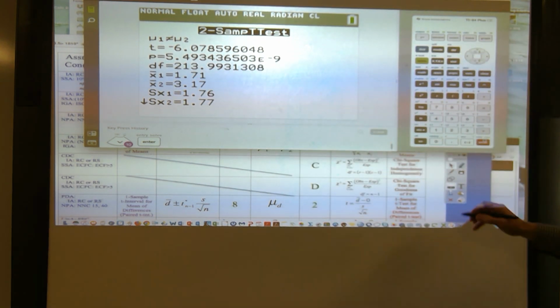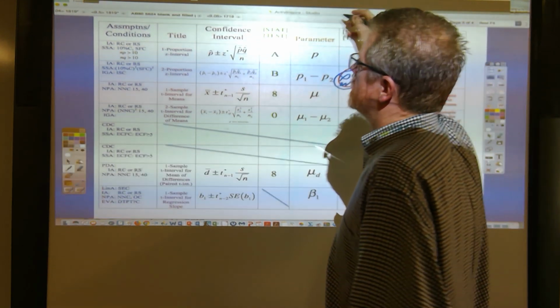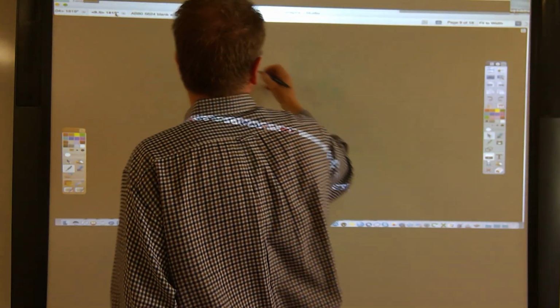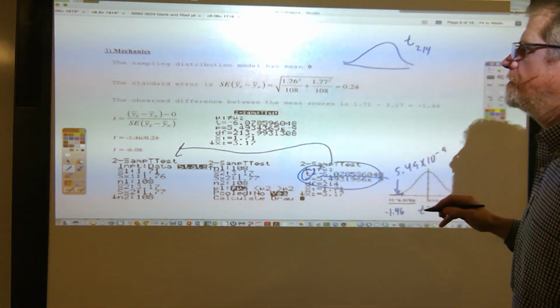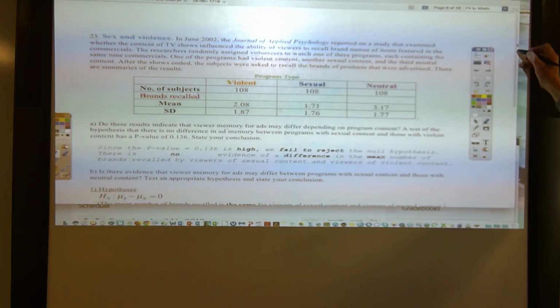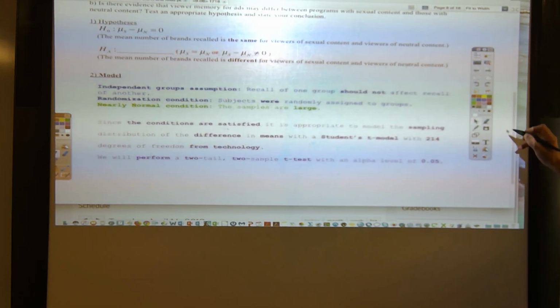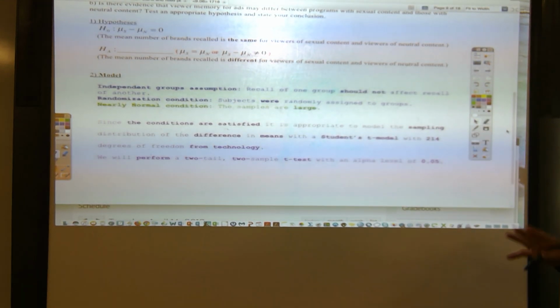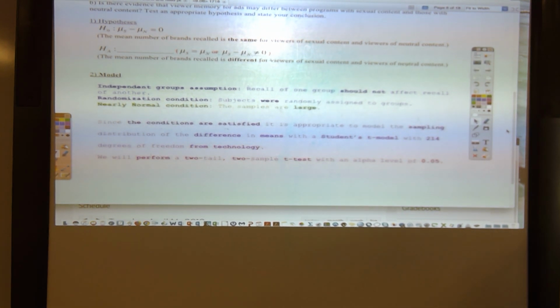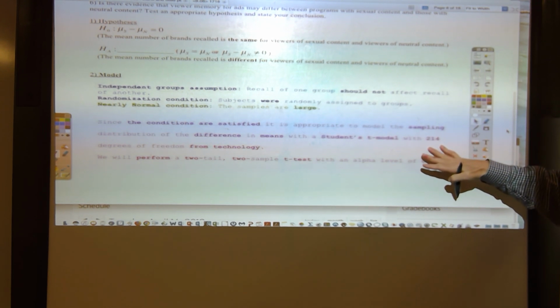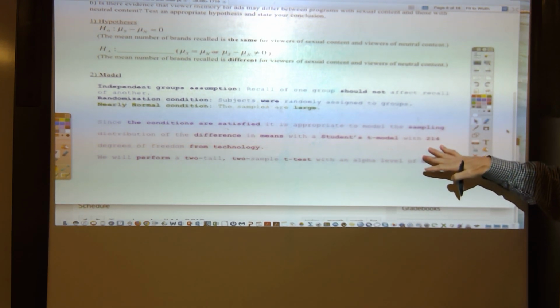It comes from technology. So let's document our report. What we did down here in the purple, we said, since the conditions are satisfied, it's appropriate to model the sampling distribution of the difference in means with the student's t-model. The 214 came from technology. It just came from stat test 4.